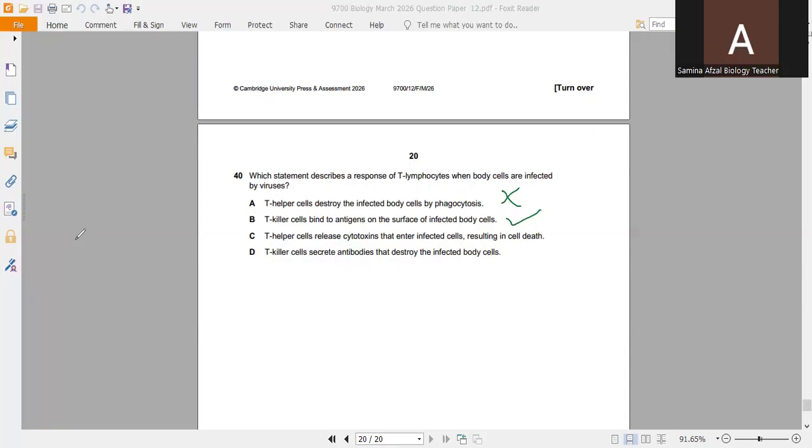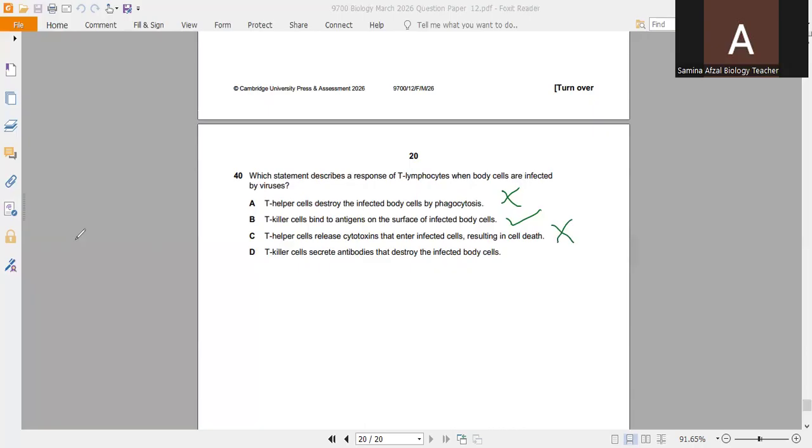And C is incorrect. T helper cells release cytotoxins that enter infected cells, resulting in cell death. It is T killer cells, not T helper cells, that release cytotoxins to destroy infected cells. T helper cells primarily secrete cytokines to coordinate the immune response.